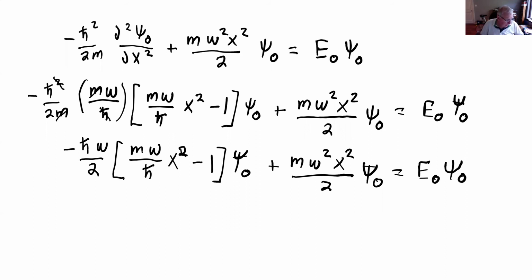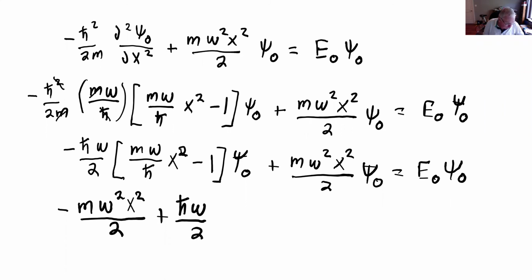Okay, and if we do the final little bit of cleaning up here, this says that I get minus m omega squared x squared over 2 plus h bar omega over 2.